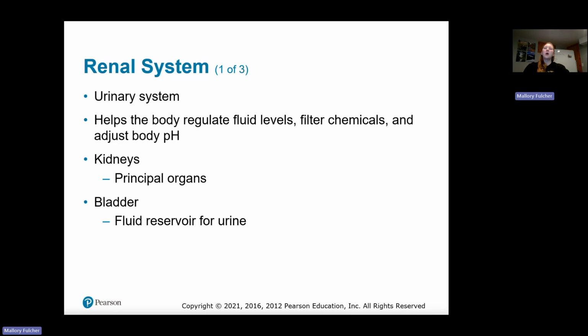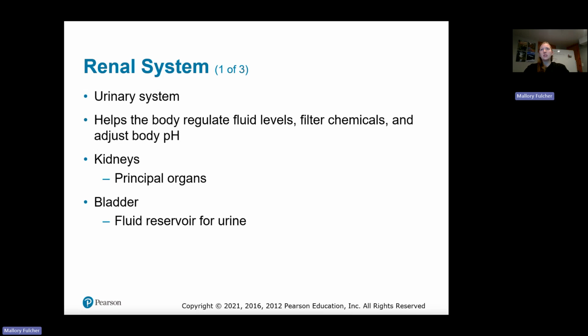Renal system, also called the urinary system. This helps us to regulate all the fluids and chemicals in our body. We tend to put a lot of crap, for lack of a better word, in our body. Things like alcohol, drugs, recreational or prescription, and it's through the renal system more often than not that our body processes these.